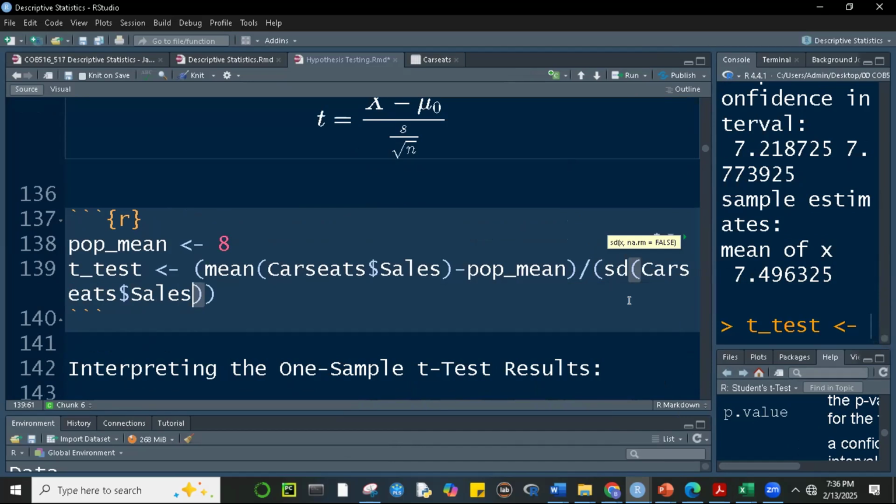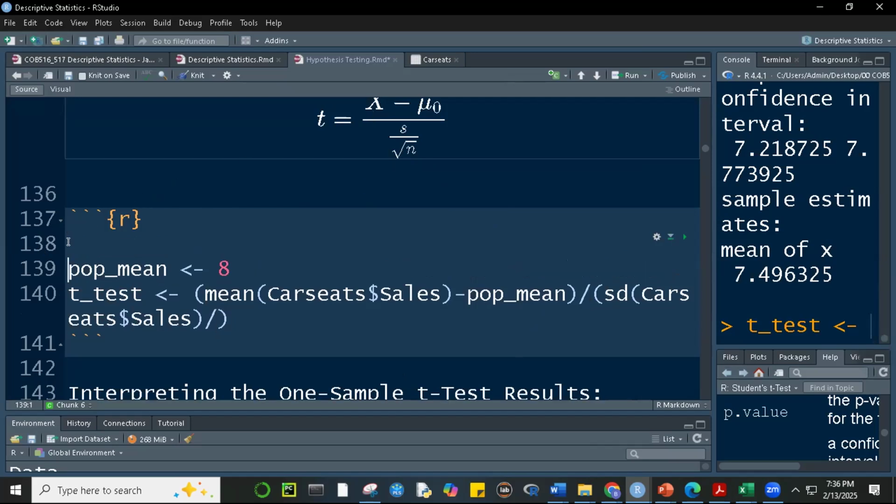Okay, there you go, class. And then divide it by the square root of n. So what's the square root of n? Let's put that here, class.